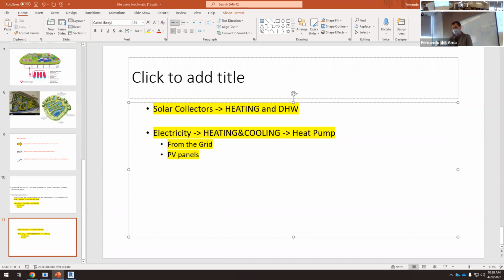What defines the performance of a heat pump? Oh, please, someone. Efficiency, yeah, but what's the concept that evaluates the efficiency of the heat pump?